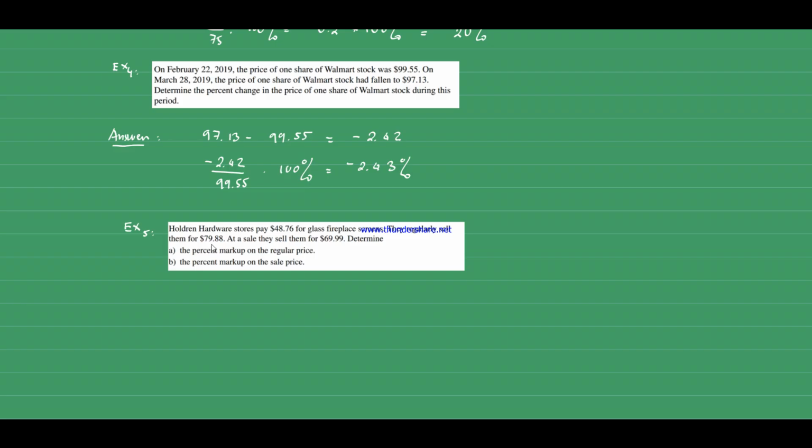So let's start over here. They jump over here, so it looks like an increase, right? The increase turns out to be positive for part A. I believe so. Must be. Okay.